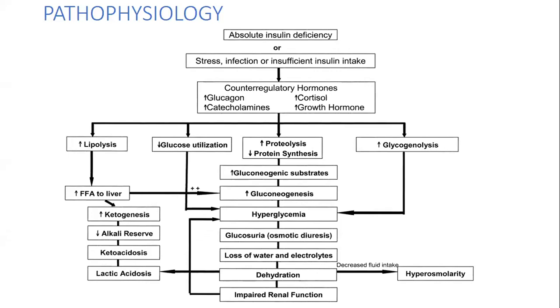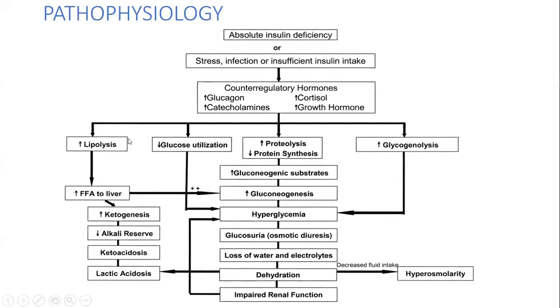So there will be loss of water and loss of electrolytes, and these patients will be very dehydrated. Because of this dehydration, there will be less perfusion of the peripheral tissues, and this will lead to lactic acidosis.